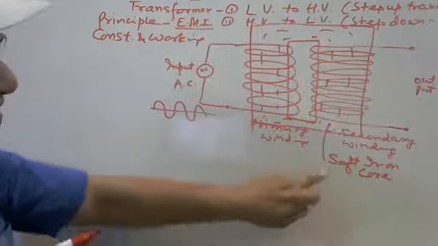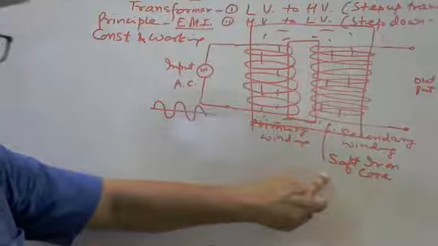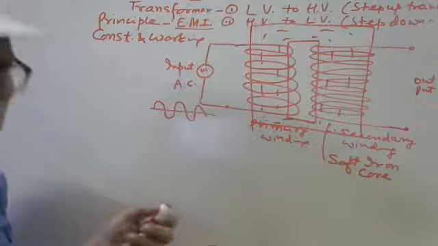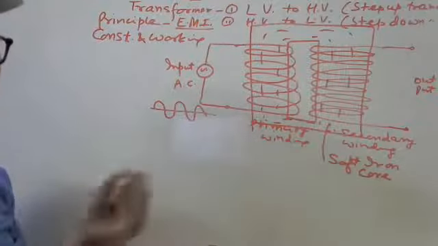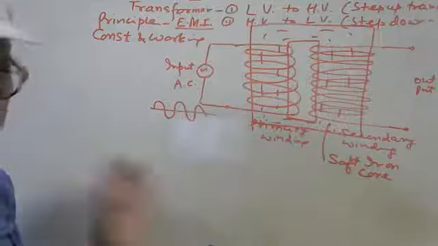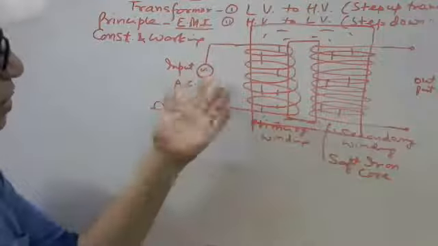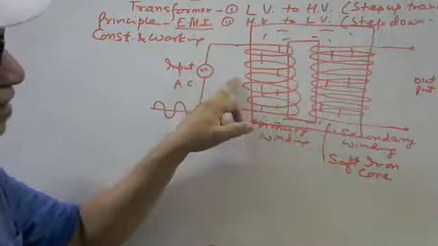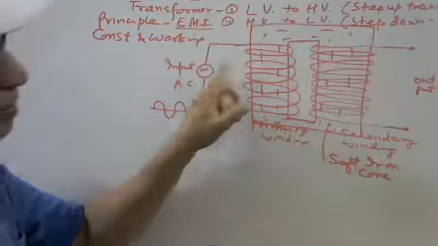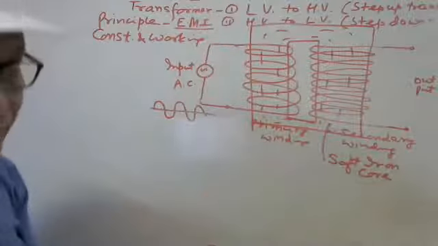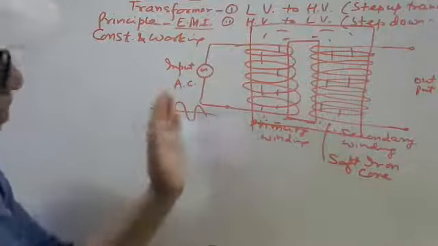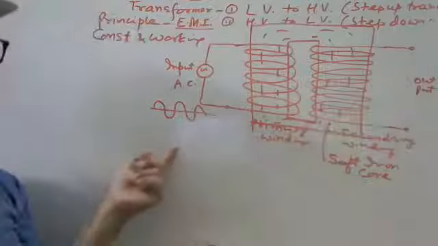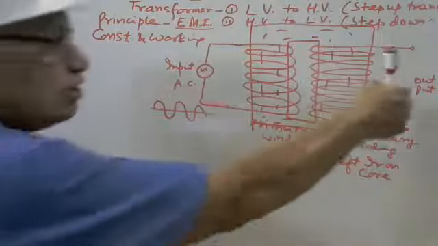So the soft iron core is very necessary, because if you are not using this, most of the lines of force are lost, not linking with the secondary, and the efficiency is very low. So this is the construction of the transformer. The number of turns we have taken in the primary is very small, and the number of turns in the secondary is very large in comparison. So voltage is increasing here, and we are getting the output as AC, because it also changes.